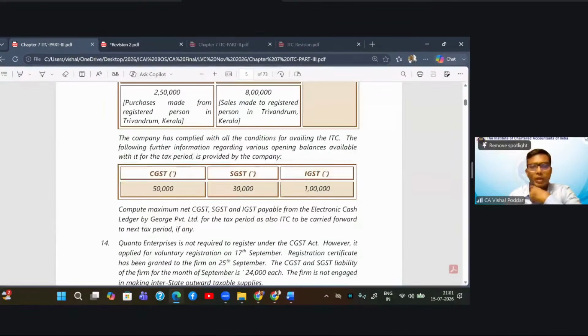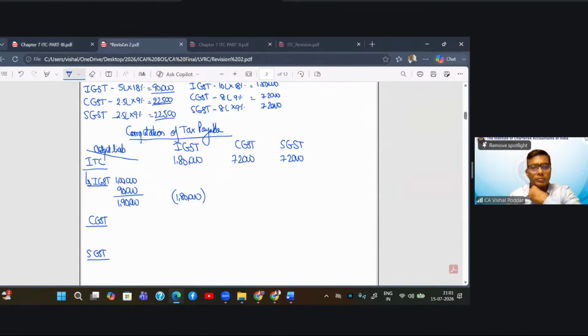How much is the opening balance of CGST? 50,000, and of SGST is 30,000. Plus current month is 22,500. So total is 72,500. Plus current month is 22,500. So total is 52,500.